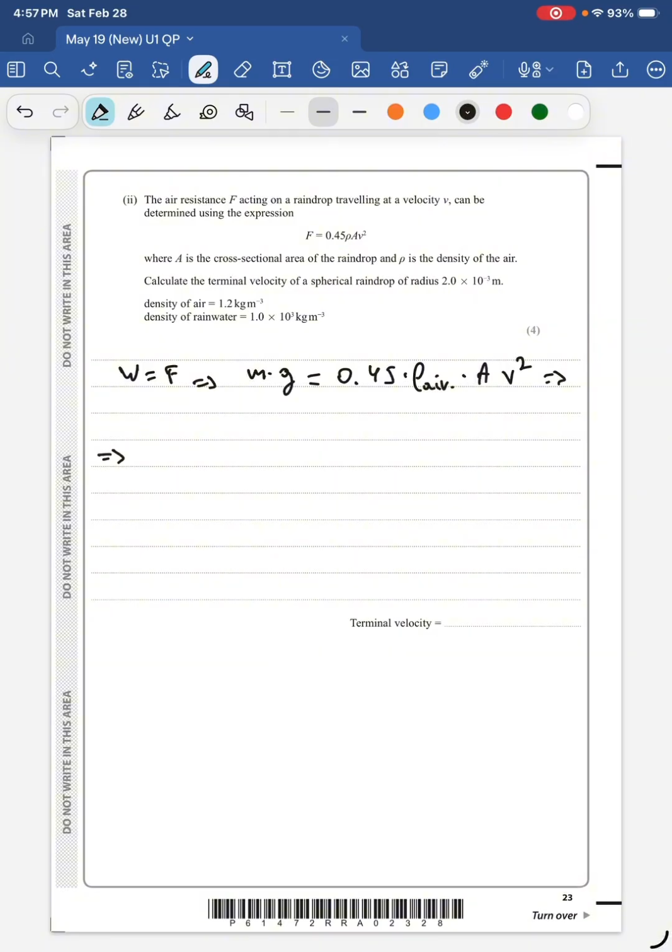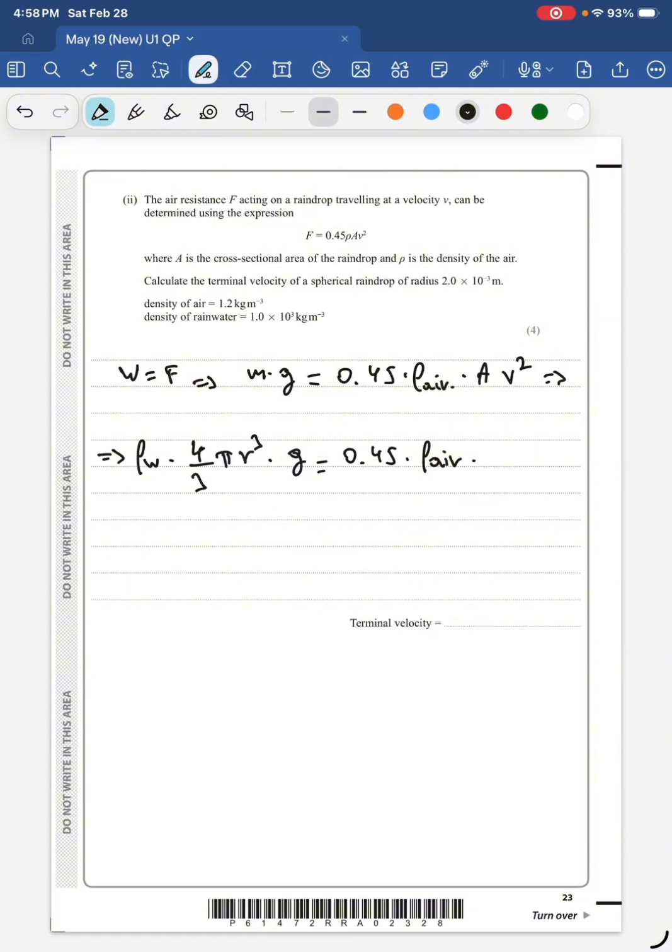So you can write the density of rainwater, rho of water, times the volume is equal to the mass. The volume is 4/3 pi r cubed, times g, and this is equal to 0.45 times the density of air times the cross-sectional area of the raindrop. Be careful, not the surface area, the cross-sectional area.